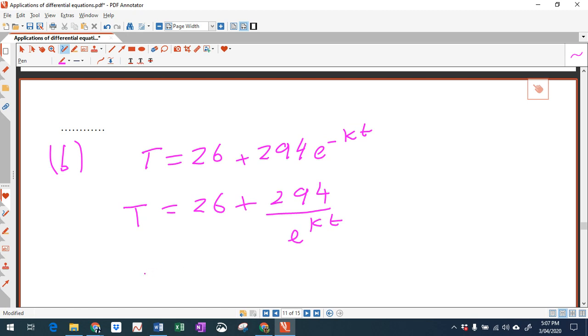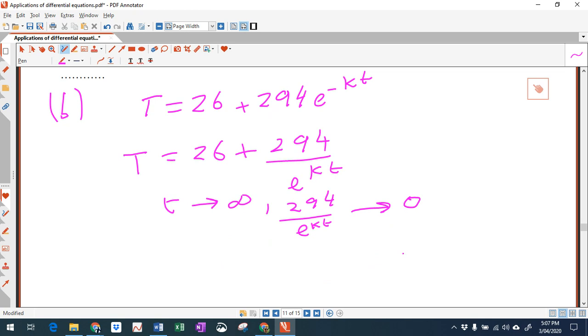Now, as t approaches infinity, this term here, 294 on e to the kt, will approach 0, won't it? Because the denominator will approach infinity.